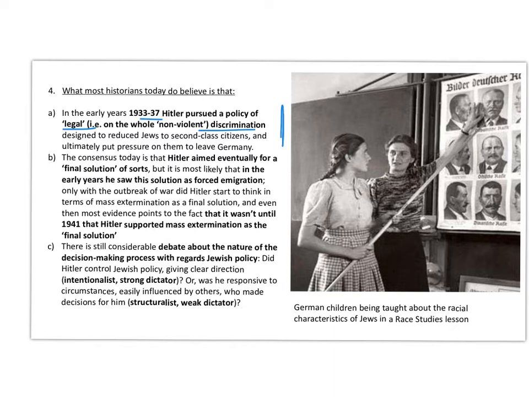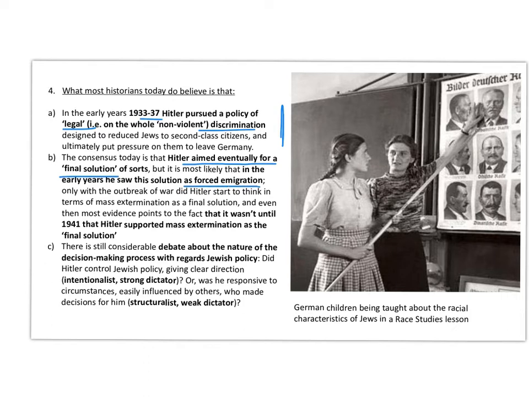So the consensus today is that Hitler aimed eventually for some form of final solution. I mean, that word final solution, we tend to associate it with the mass murder of Jews that eventually happened. But in Hitler's head, and if we see the phrase written down in a document from the 1930s, Hitler's final solution, actually, probably at that time, was just to get the Jews out of Germany eventually.